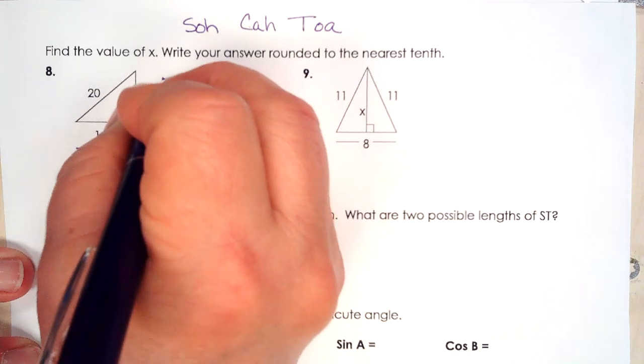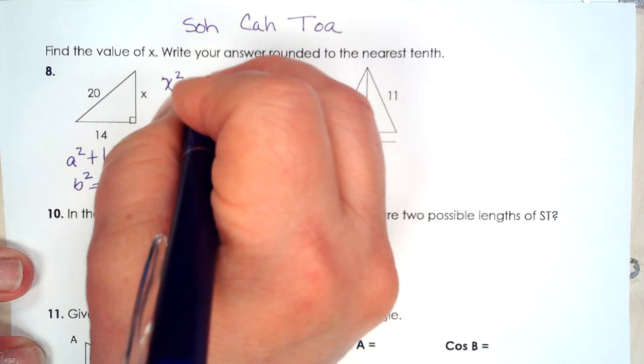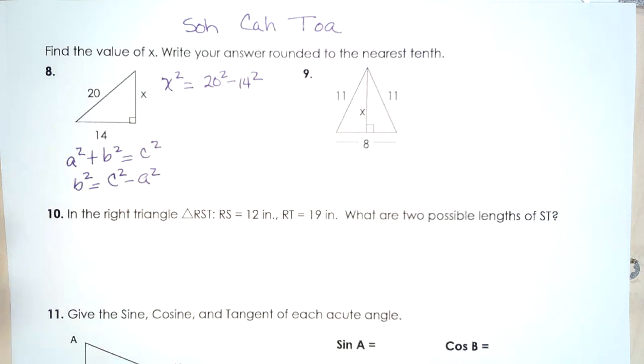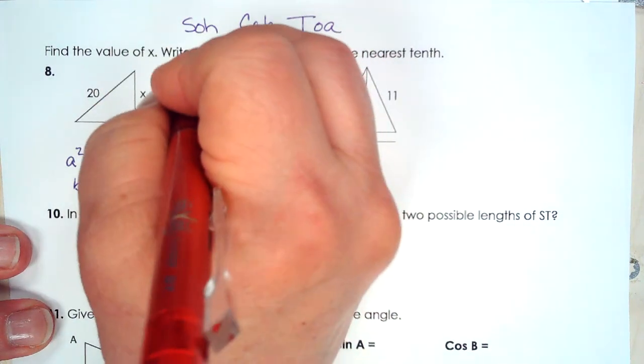So x squared is equal to 20 squared minus 14 squared. The opposite of squaring is square rooting.